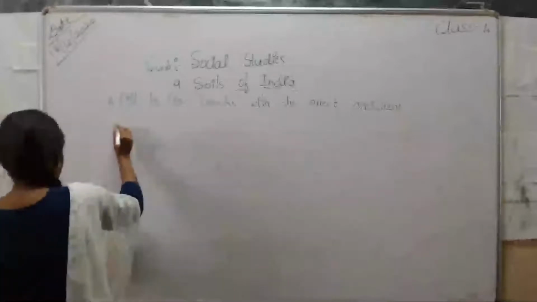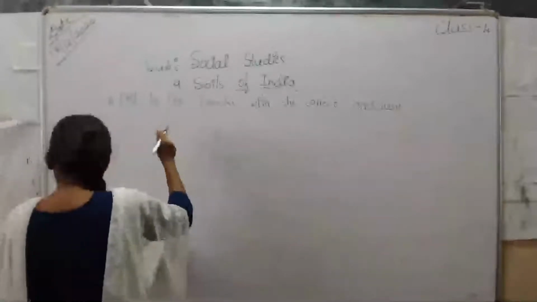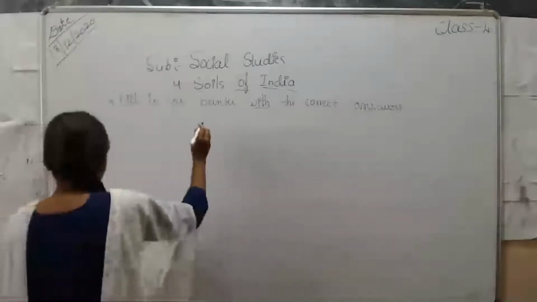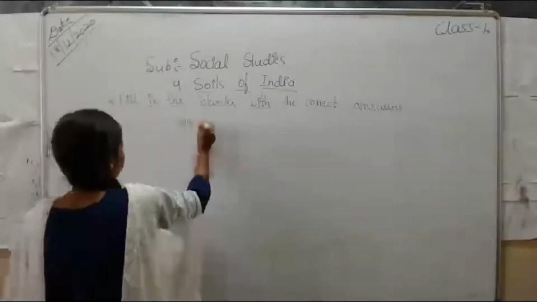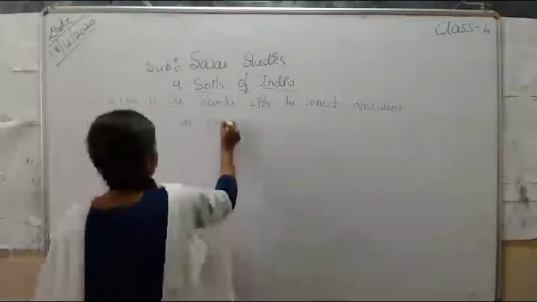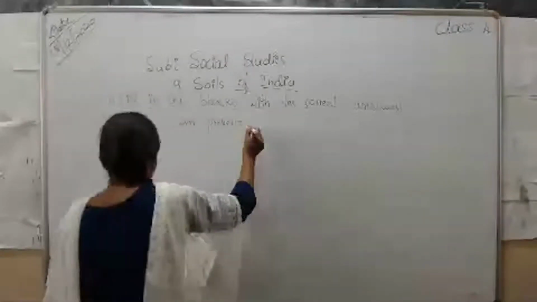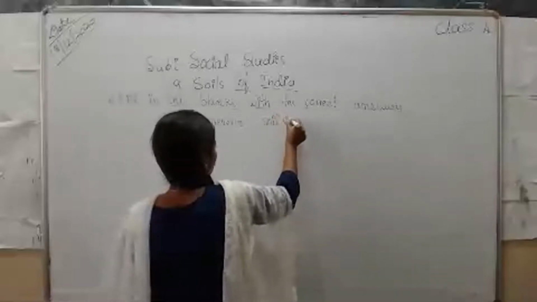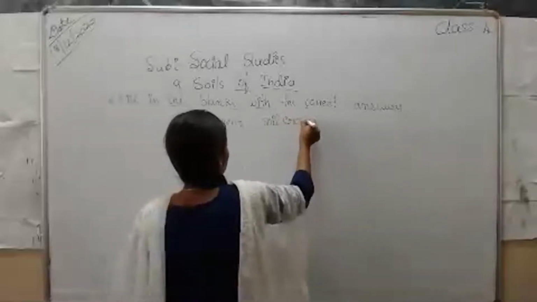The first one: dash can prevent soil erosion.